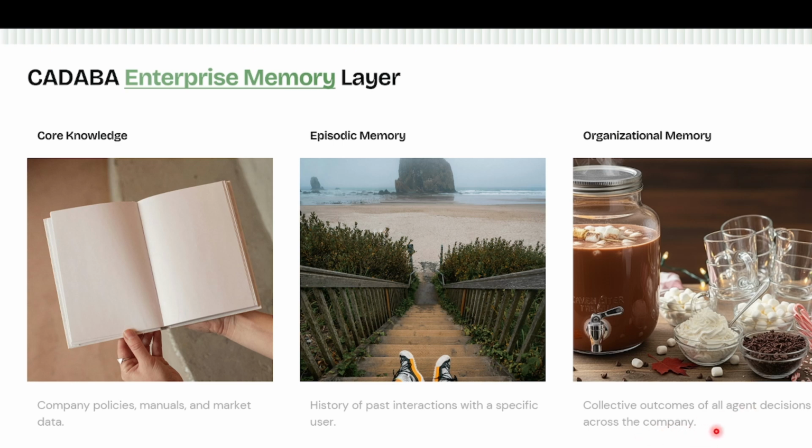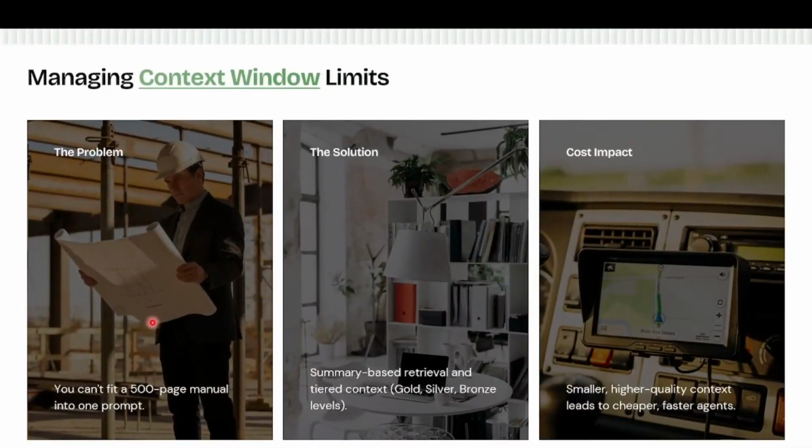If you have 10 agents, you should have 10 specialized databases, so that agent information will not be mixed up, and you can trace a particular outcome to a particular agent by accessing their database. So the combination of every agent's database forms what we call organizational memory for the agentic AI system. So the enterprise memory layer is core knowledge, episodic memory, and organizational memory.